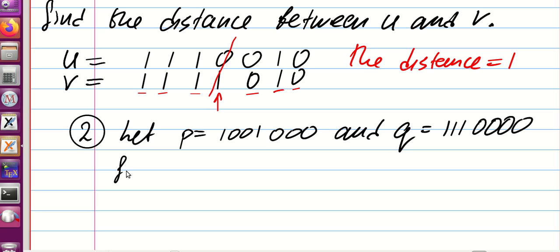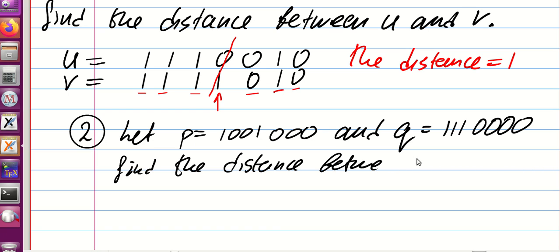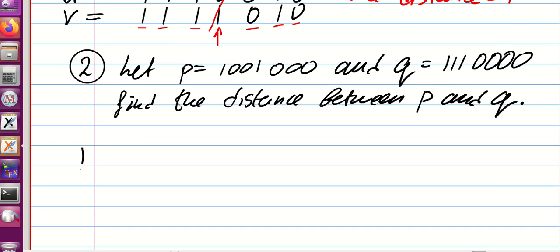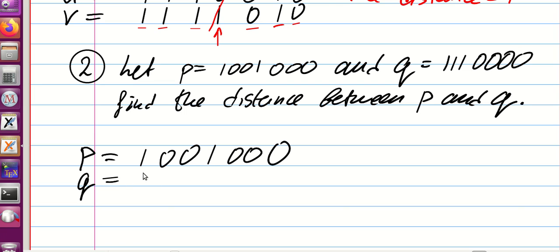Again, find the distance between P and Q. We write P, 1001000, and we write Q, 1110000. Then we see where they're the same and where they're different: same, different, different, different, same, same, same.